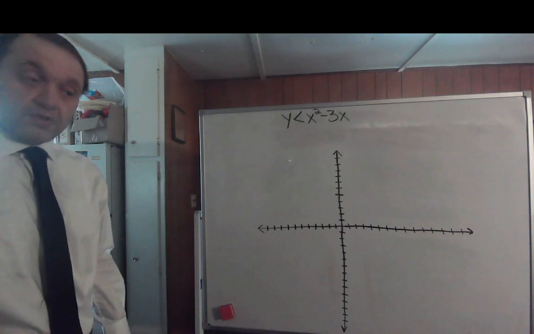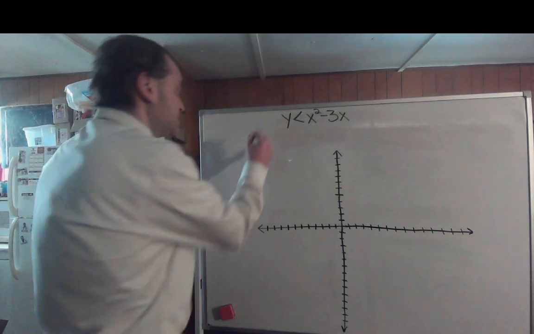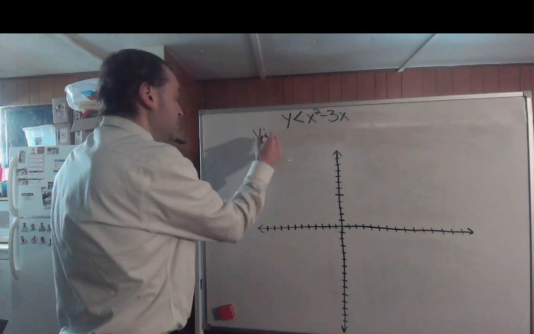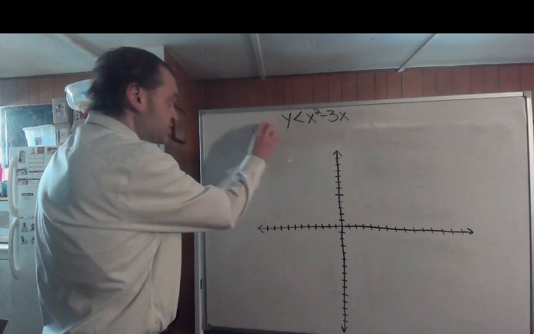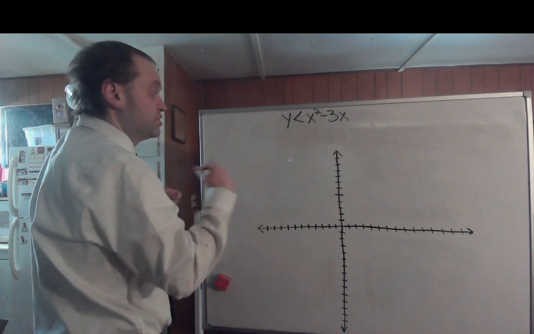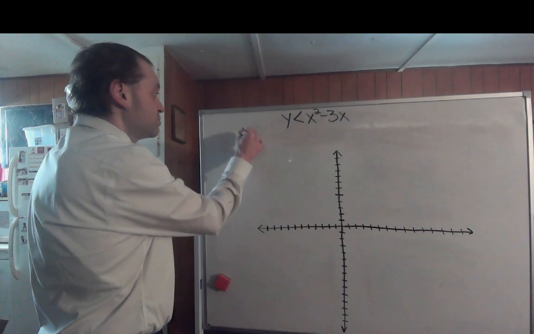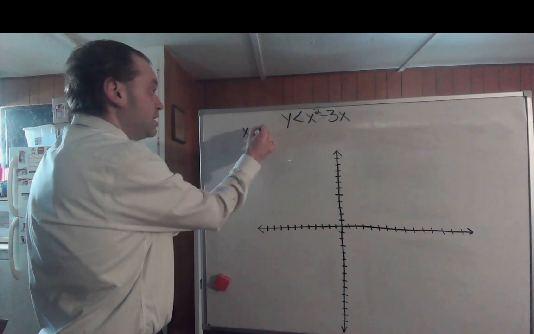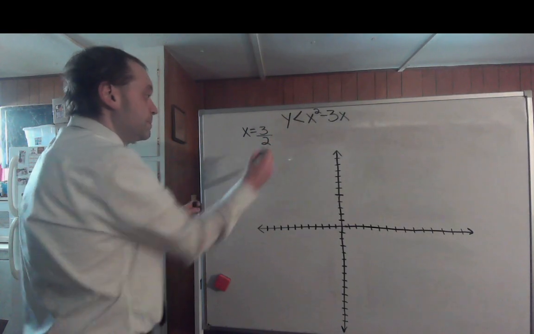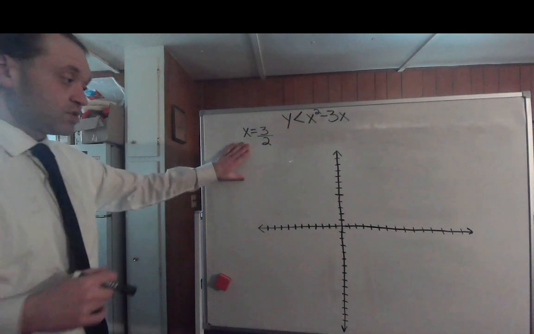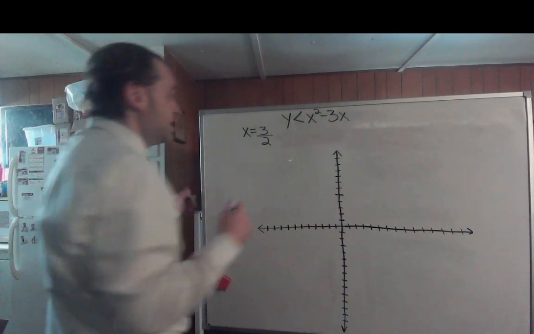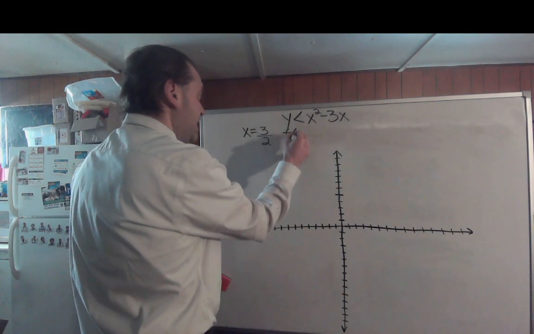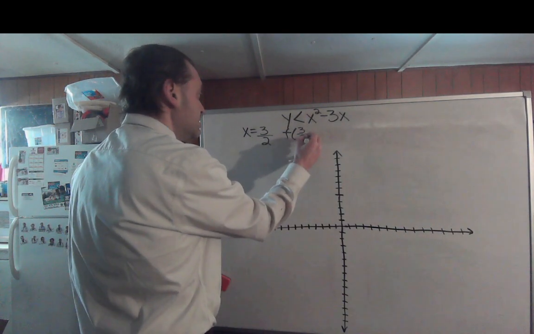Well, first let's find the vertex. The vertex is what? The x-coordinate is negative of b over 2a, which in this case x would have to equal positive 3 over 2. So if x has a coordinate of 3/2, now, if I put in f of 3/2, what do I get?